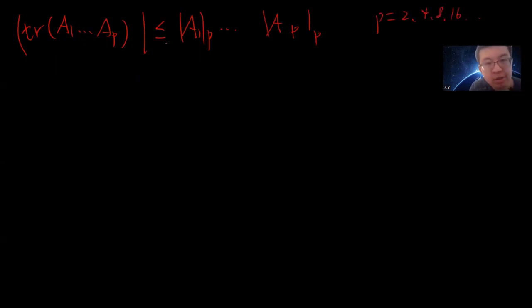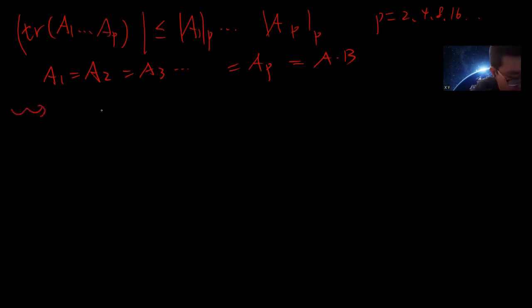So you can just choose A1, A2, up to AP to be defined as A times B, given any two matrices, let's say A and B. By the way, all these are positive.